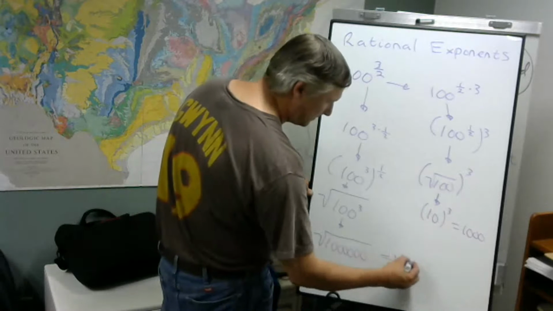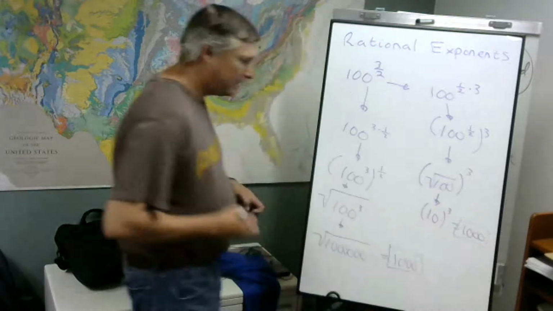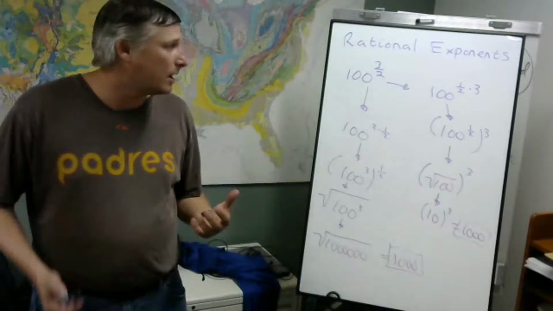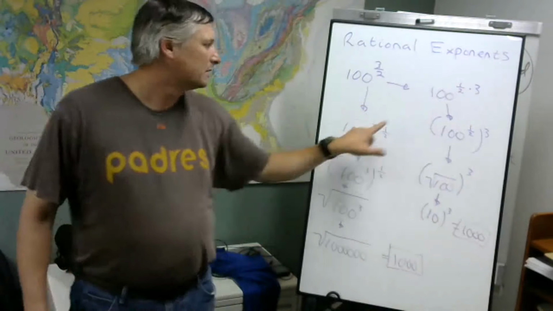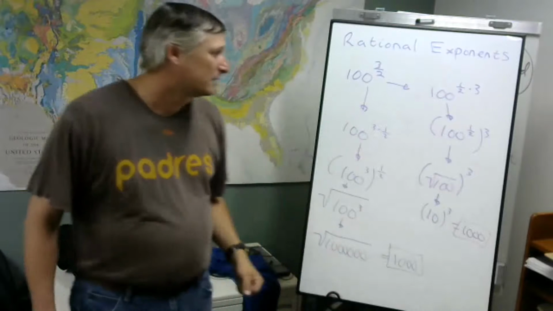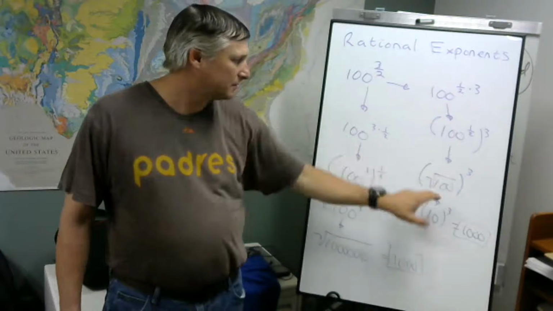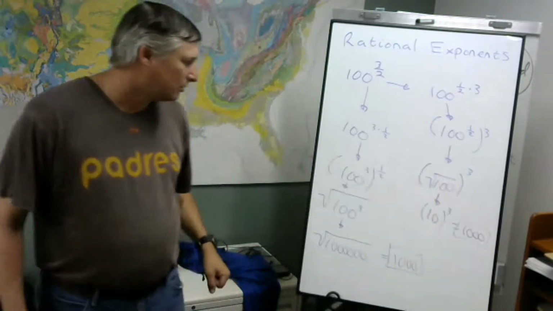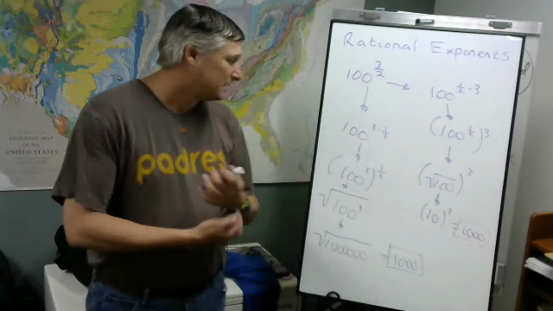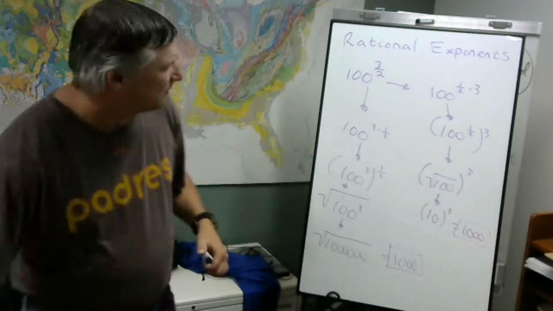That's equal to 1,000. But which way you choose to look at this, and the reason we get these two options is because multiplication is commutative. That means the order of multiplication doesn't matter. So depending on how you do this, you'd be taking a square root first and then cubing, or you could be cubing first and taking a square root. So whichever way you think is easiest is the way that you go.